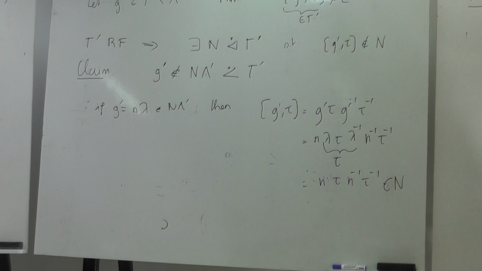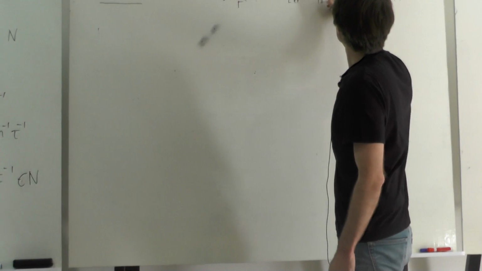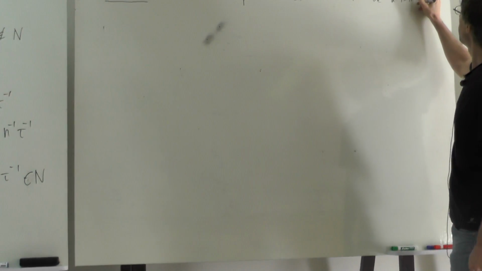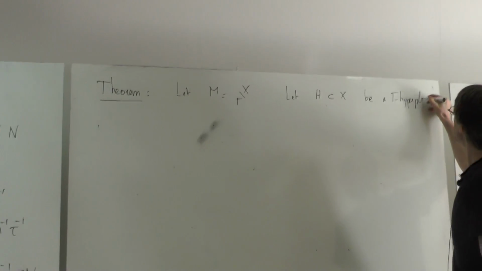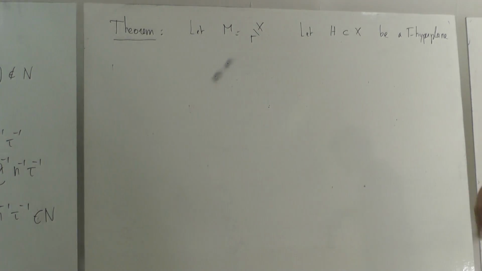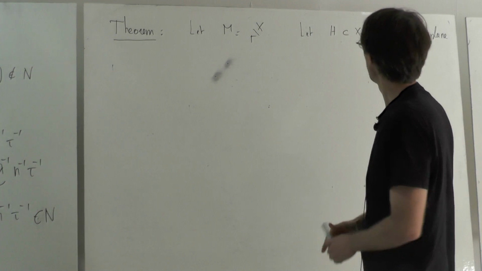Let's give a name to this quotient. So we have this compact quotient, and let H in X be a gamma hyperplane. So it projects onto the quotient into a very messy, totally geodesic submanifold.